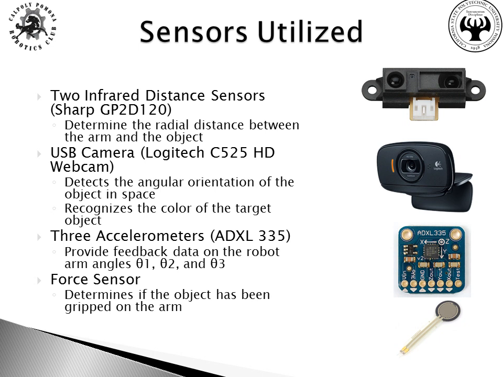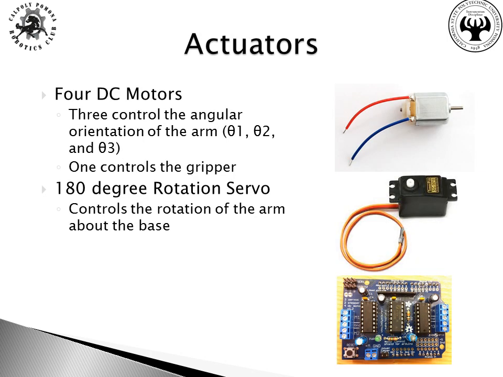Accelerometers were used to provide feedback data on the robotic arm angles. And finally, a force sensor was used to determine if the robotic arm gripped the object or not. Of equal importance to the control system is proper actuator selection. In this case, 4 DC motors were used and one 180-degree rotation servo was used.